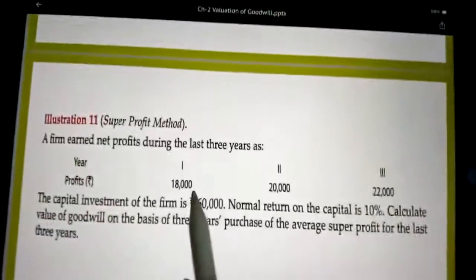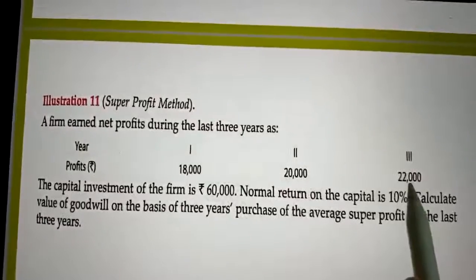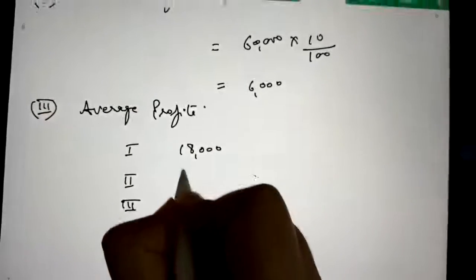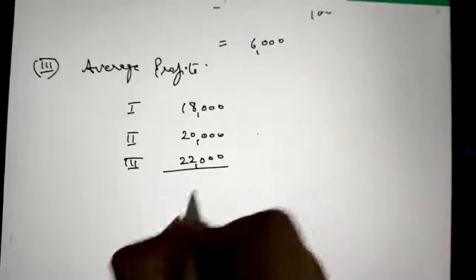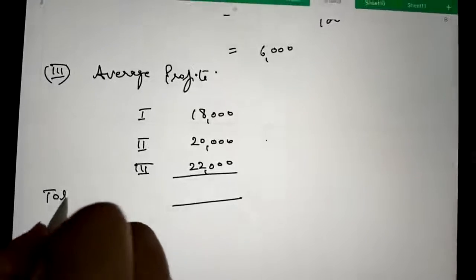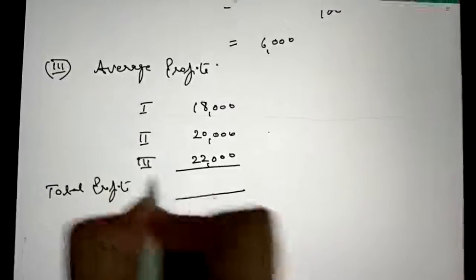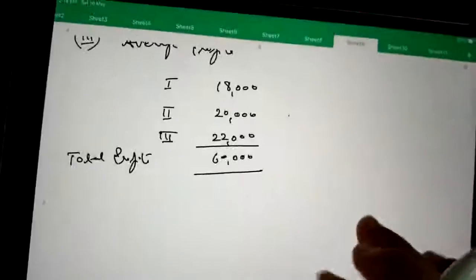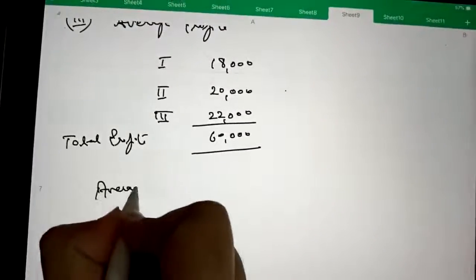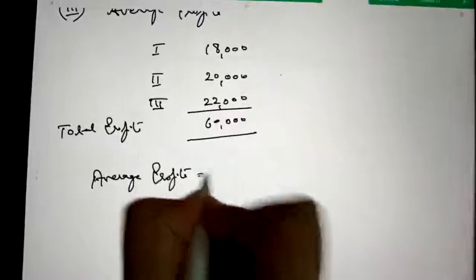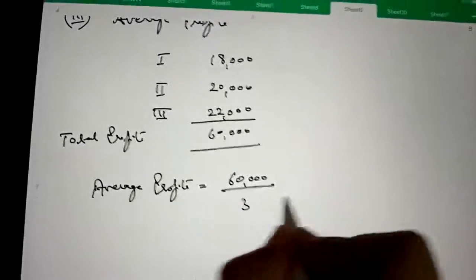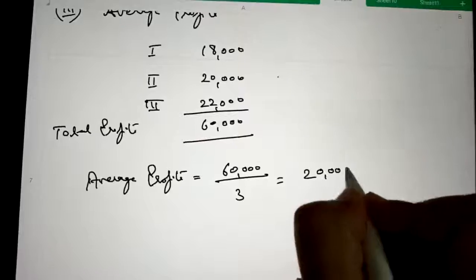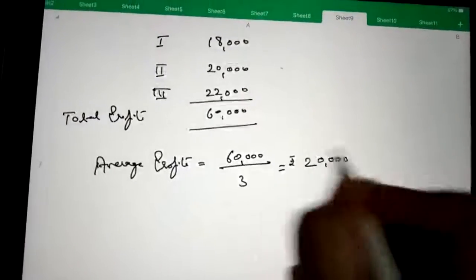First year profits 18,000, then 20,000 and 22,000, and its total profits are equal to 60,000, and average profits is equal to 60,000, that is total profits divided by the number of years, and number of years are 3. So average profits are 20,000 rupees.